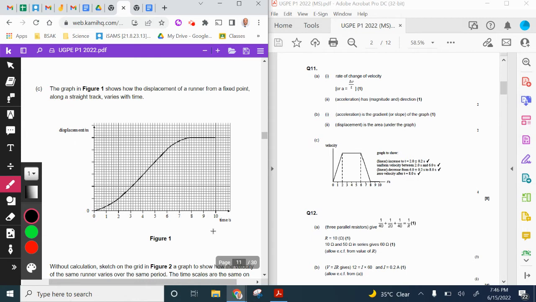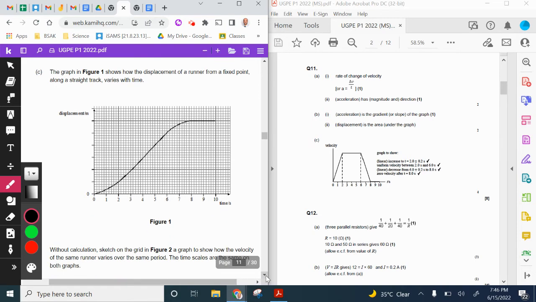So it's displacement and time. So you can think of it as distance time, just to make a parallel. But remember, displacement has direction as well, and because it's a straight line, we can say that that's distance.